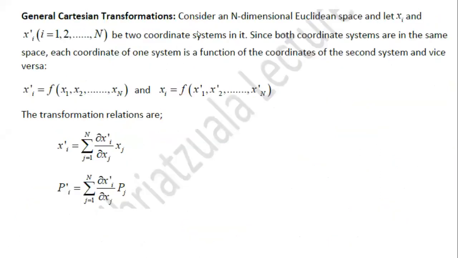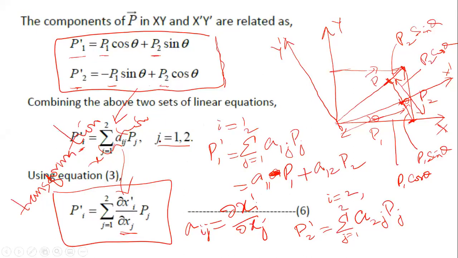Now let us look into this general Cartesian transformation relation. So far we have talked about a two-dimensional system only. Two-dimensional system only means the index j is running from 1 to 2.